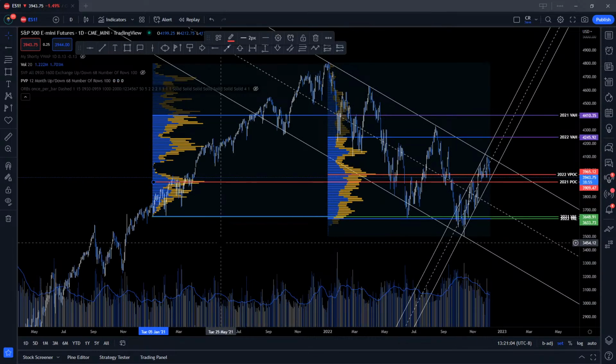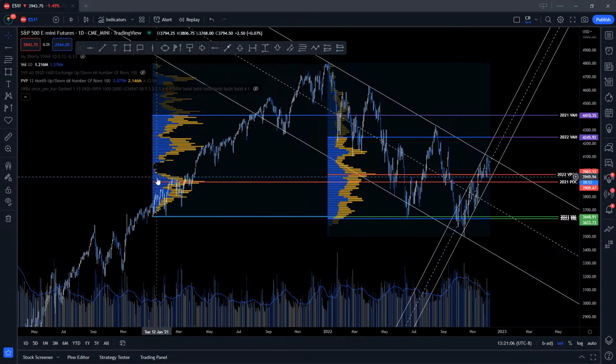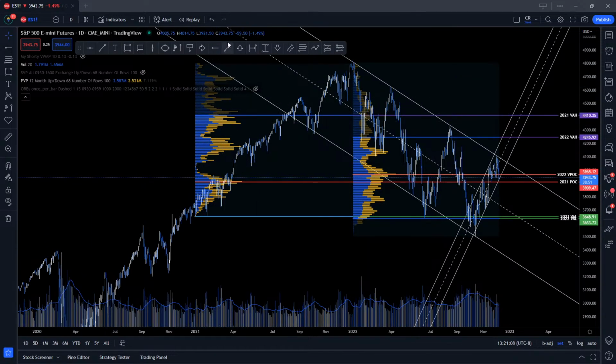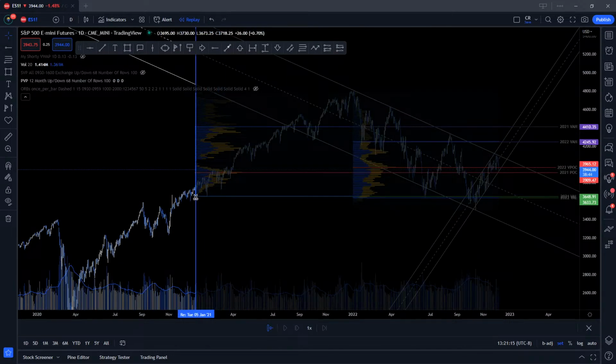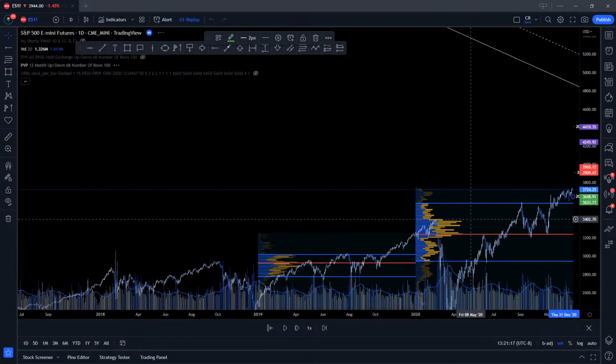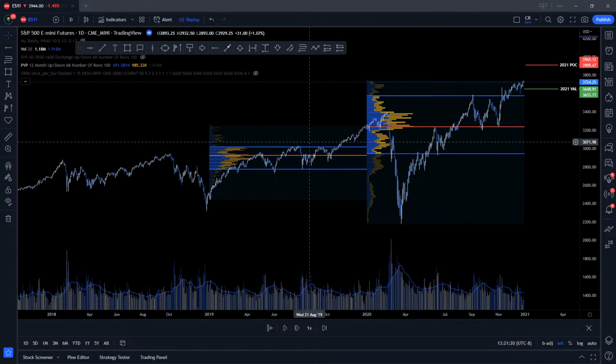And just a little hack, if you want to go further back, like if you wanted to grab volume profiles from previous years, you can just use the replay feature. Come to here, and then you'll get volume profiles further back.